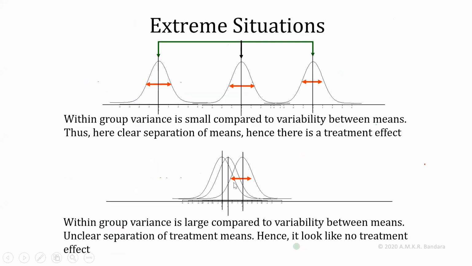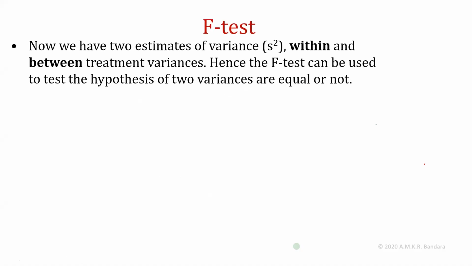In this case, you can see these are the between group means. Between group means are less variable than this within group variability. So the F-test is used to compare two variabilities.